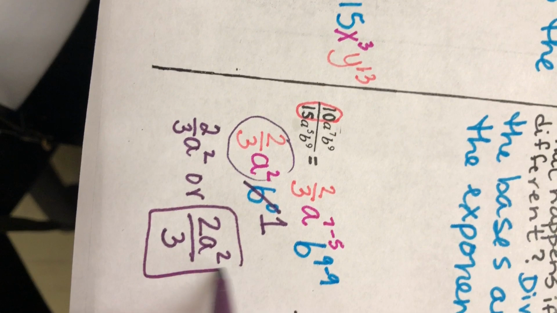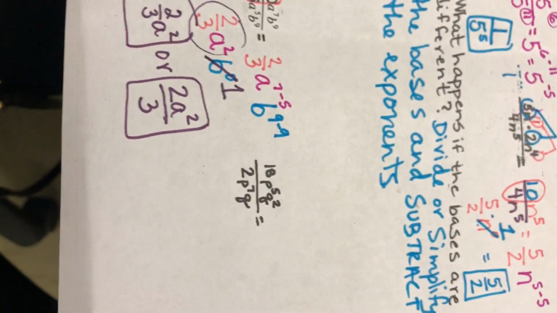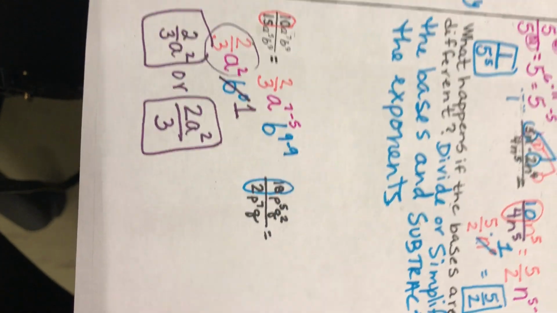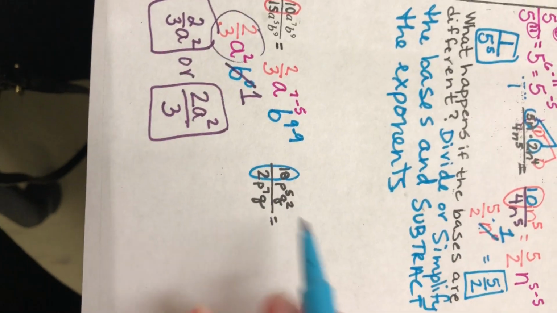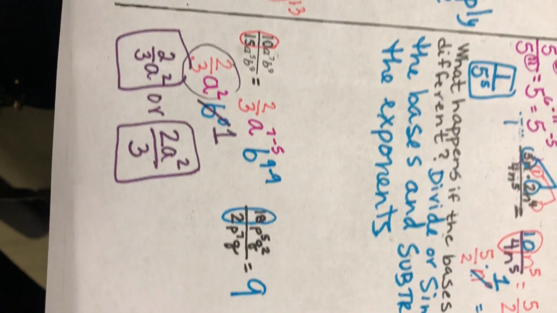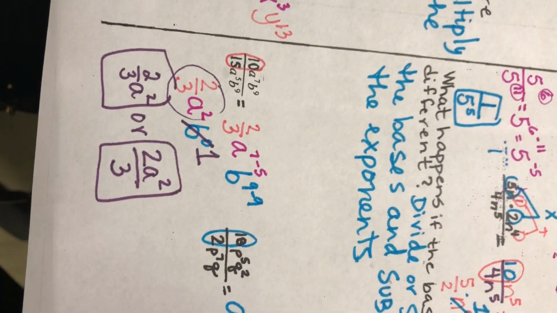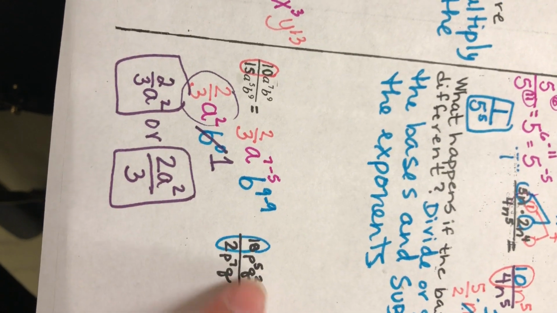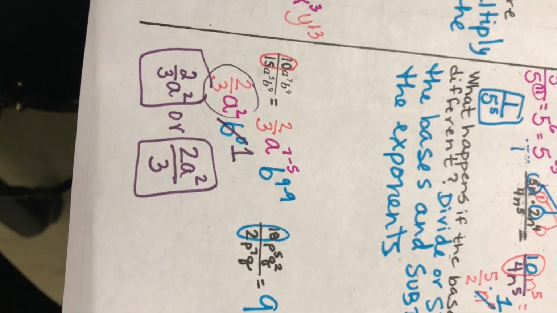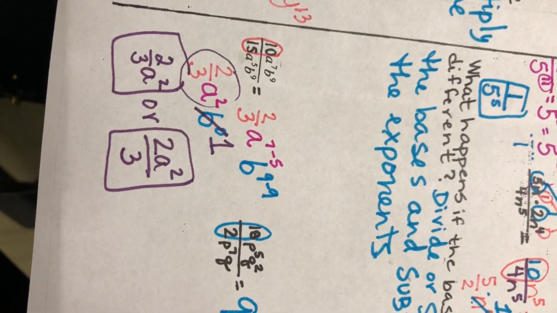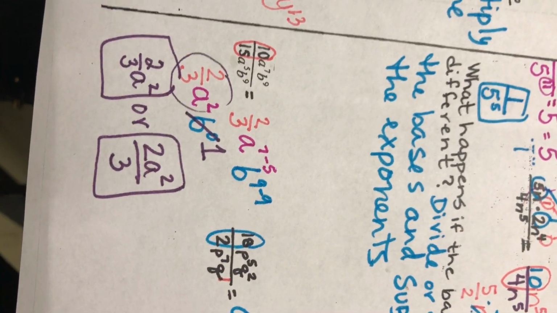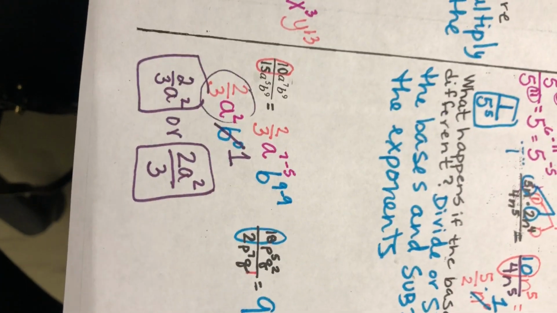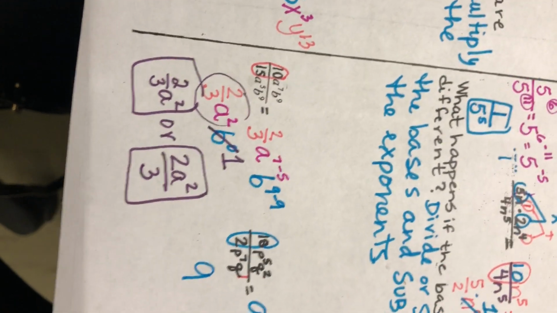Okay, let's go to another one. Here, your bases are different and it's a quotient, so I'm going to divide them. 18 divided by 2 is 9. For P, I'm going to do 5 minus 7. Always put the top number first, then the minus, then the bottom. And then for Q, it's 2 minus the imaginary 1. I'm going to bring down my 9.